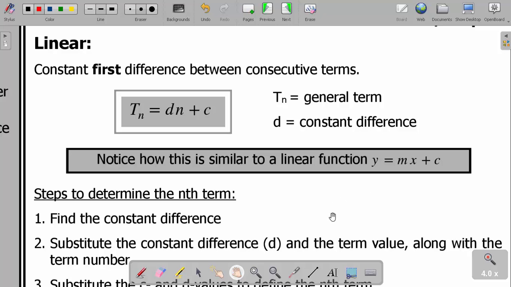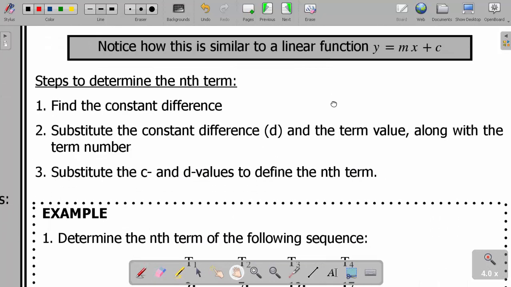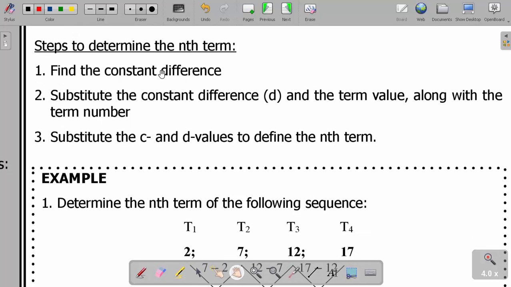Now the steps to determine the nth term. First of all, you find the constant difference, okay? That's step number 1. After that, you substitute that constant difference D and the term value along with the term number, okay?